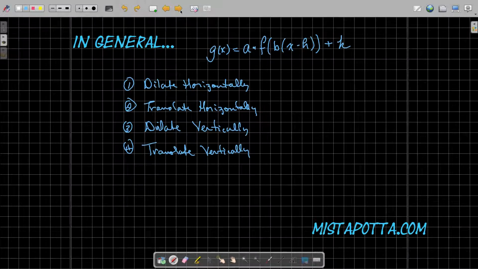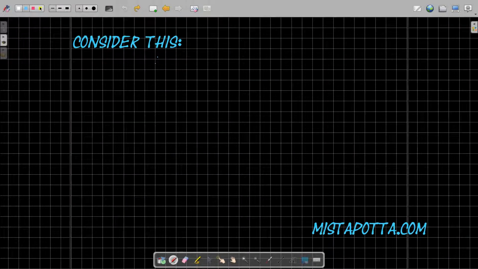So I want to finish up by doing an example of this. So let's take a look at this problem. I'm going to have y equals 1/3 of (4x minus 8) squared plus 4. So what we're looking at here, we know that f of x, the parent function that we're considering, is x squared.